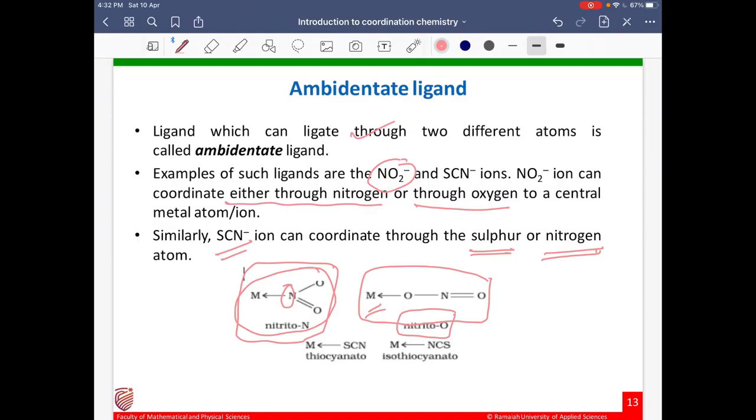For SCN-, if sulfur is the donor atom to the central metal atom or ion, then we call it a thiocyanato ligand. If N is the donor atom, then we call it isothiocyanato.